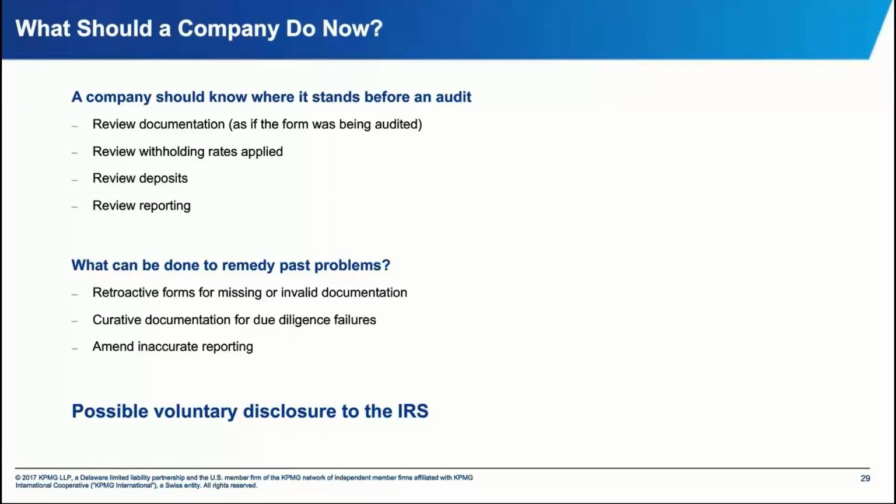And they've been very liberal with penalty abatements because you're coming in voluntarily. But again, the critical thing that I want to say is just know where you stand before the IRS comes in. And again, because on these cross-border payments you have the opportunity to remediate, it's important that you go through that process whenever you can.